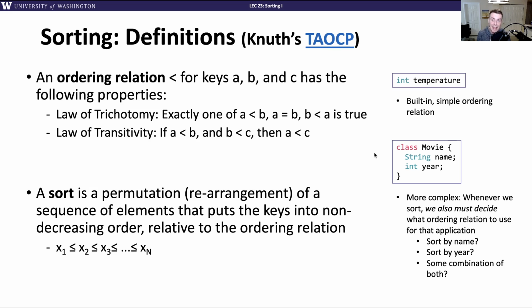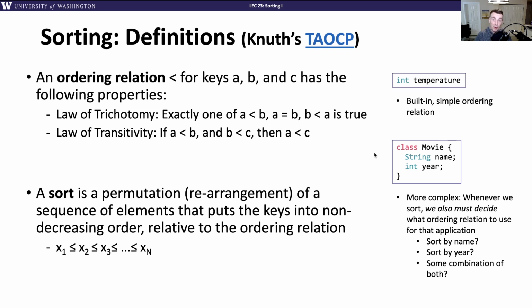Which movie is less than another? The point here is to define this ordering relation abstractly, and it now lets it work in almost any situation. You, as the client of a sorting algorithm, get to define how you sort things. You might remember back from 143, the way we do this is implement the comparable interface.